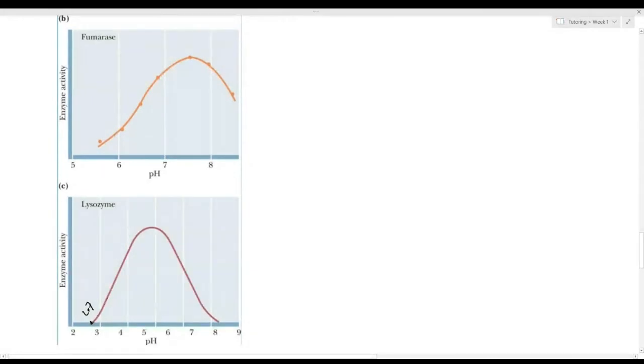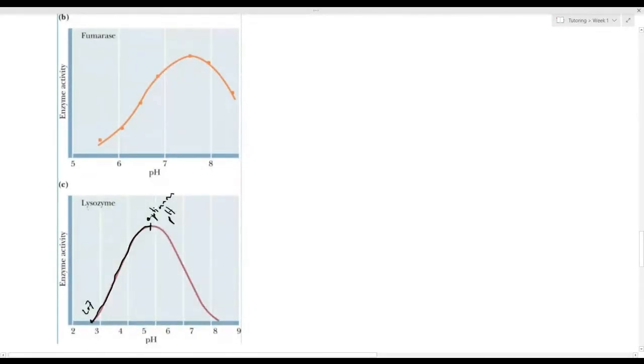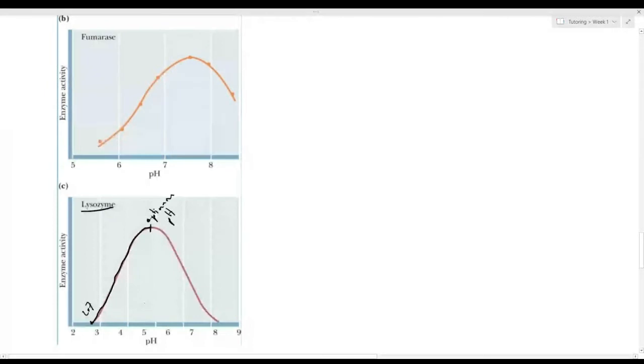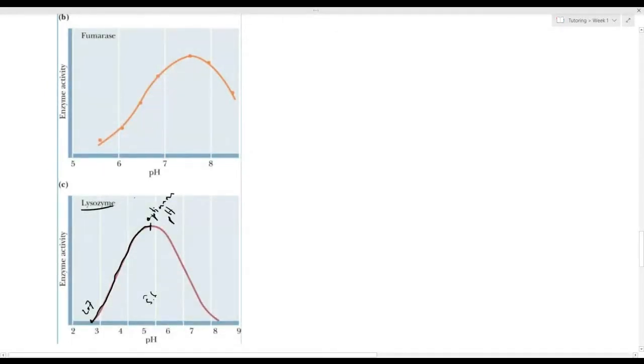Once you get above that, the activity starts to increase until you reach this point. This point is the optimum pH for lysozyme, and it's somewhere close to, not really sure, maybe 5.5 as an approximation.